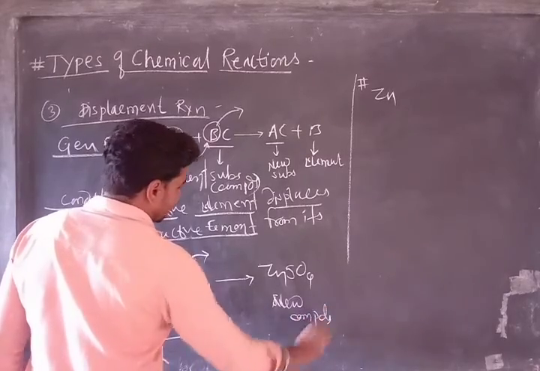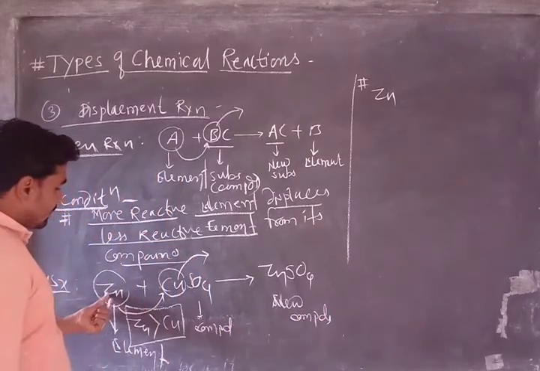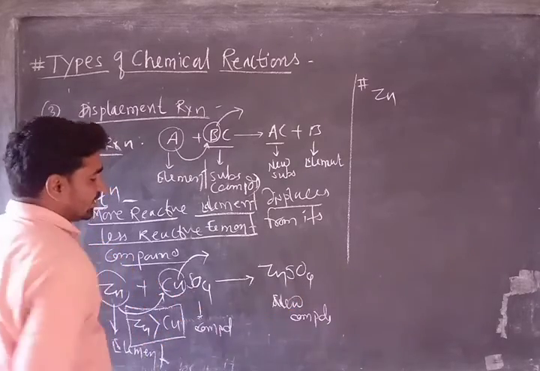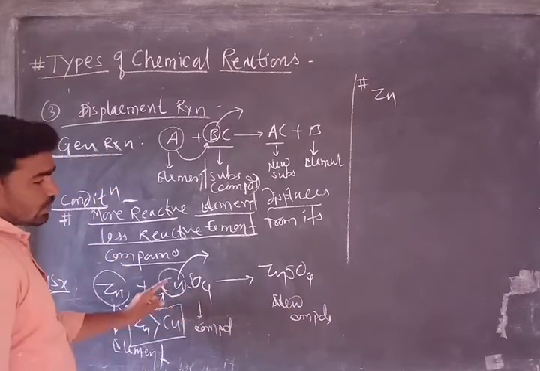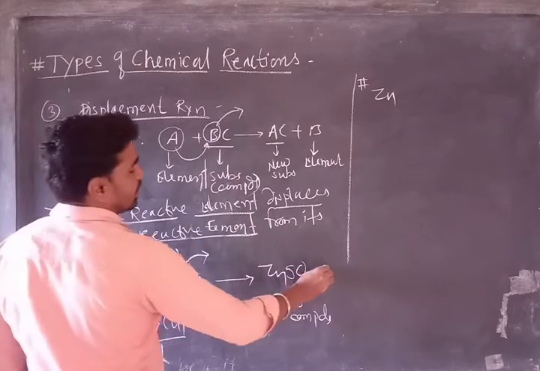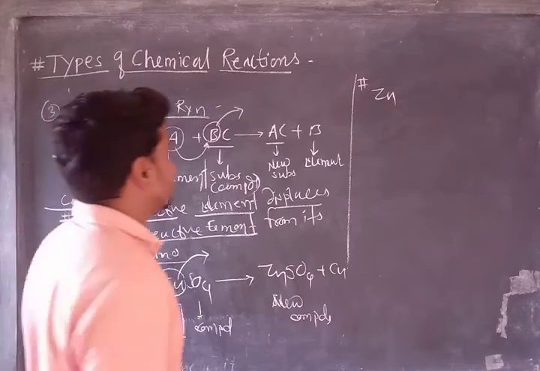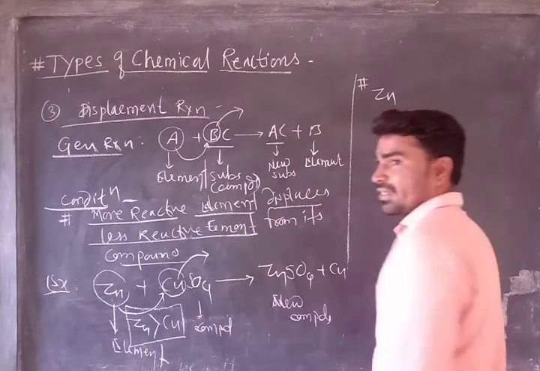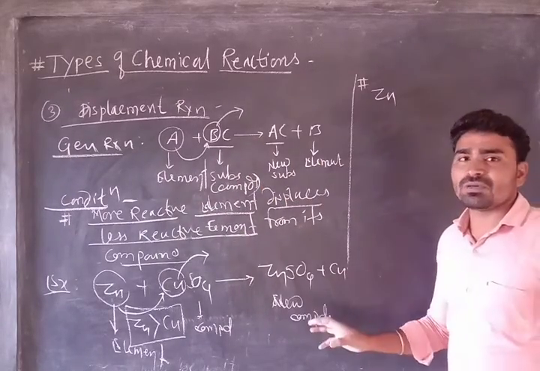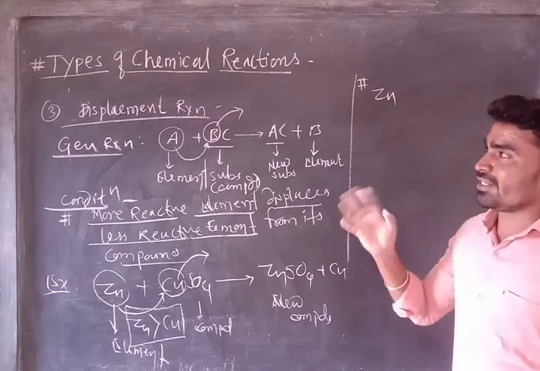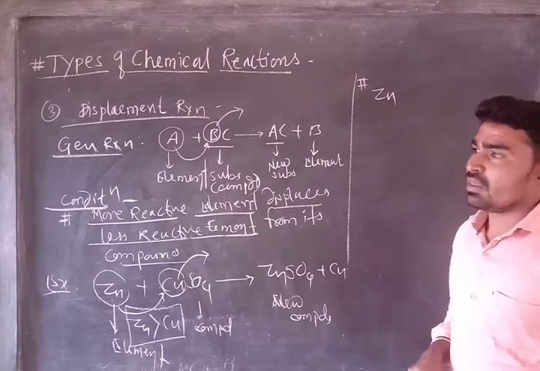Now what is remaining? Copper. So copper will be the new element obtained in this type of chemical reaction. This is one of the very famous chemical reactions of the displacement type.